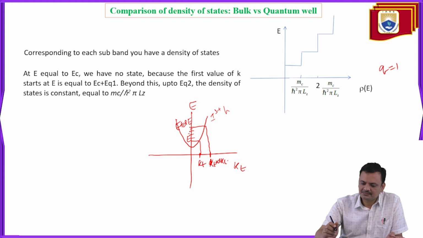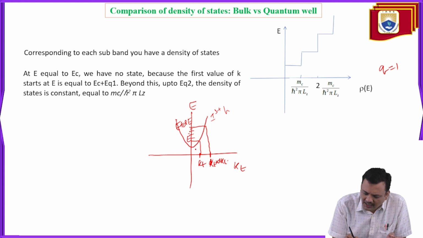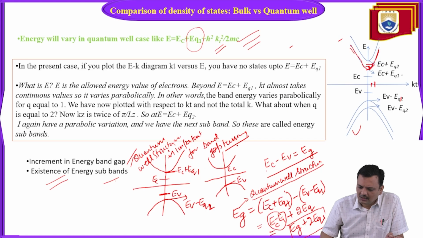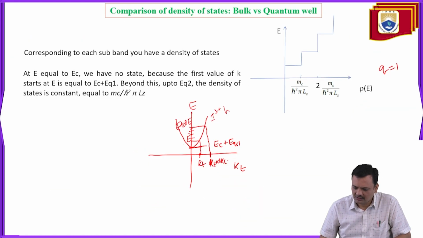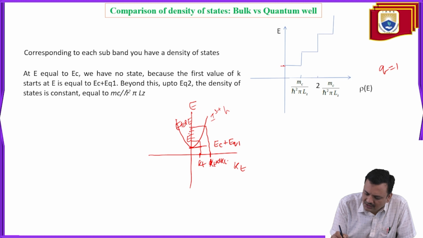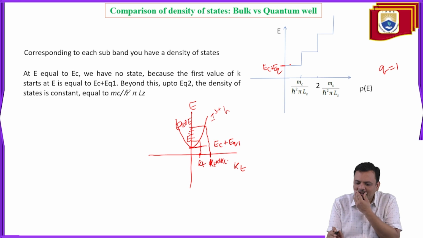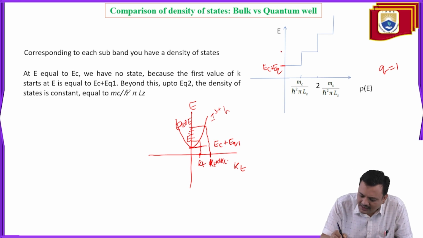Your energy starts from the minimum energy, and the minimum energy value is what? EC plus EQ1. So this is your EC plus EQ1, and up to the next band means EC plus EQ2.